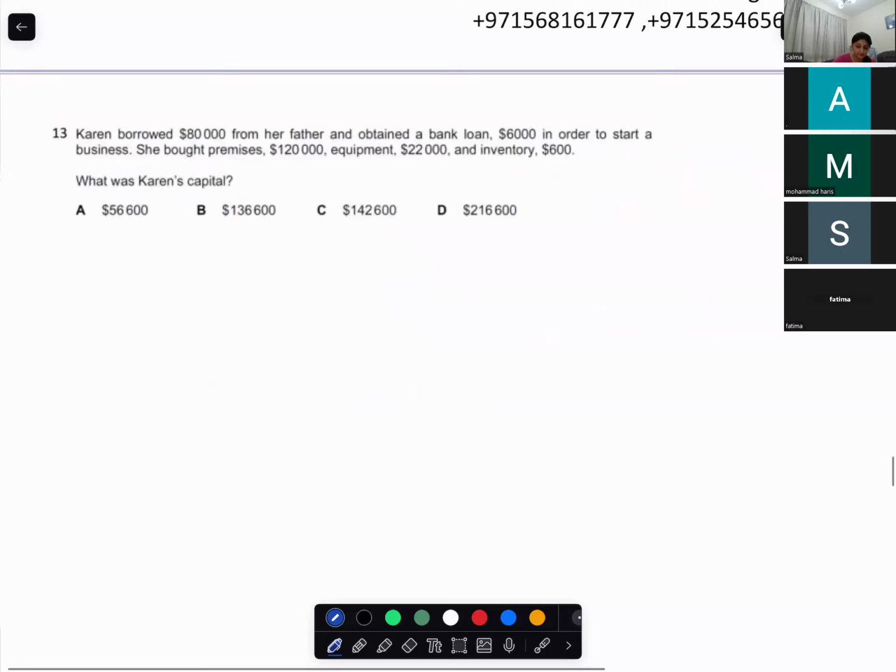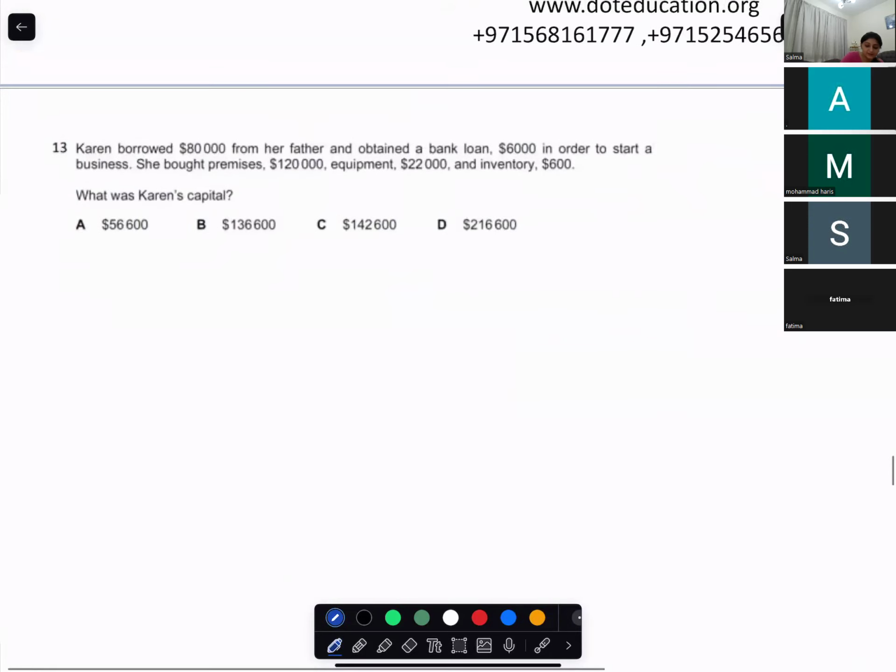Karen borrowed $80,000 from her father. What is Karen's capital? To find the capital, we'll always make the capital the balancing figure. Come on, read the question. Karen borrowed $80,000 from her father and obtained a bank loan of $6,000.